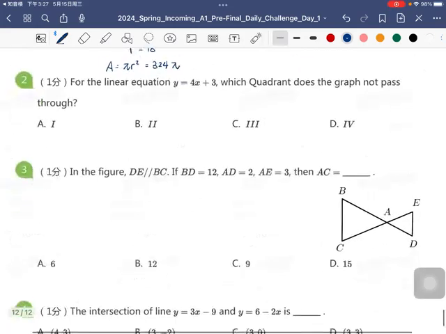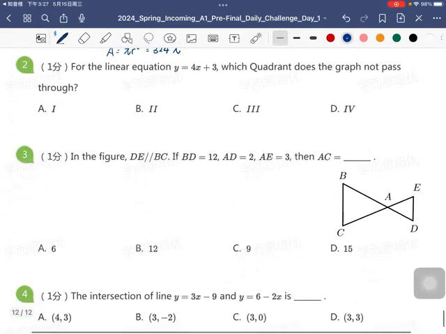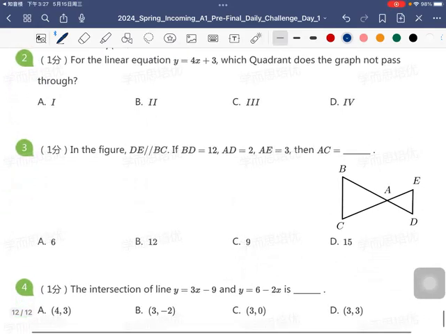Alright, second problem here. From the linear equation y is equal to 4x plus 3, which quadrant does the graph not pass through? Because it involves a graph, let's draw a very simple draft here. Approximately where should my line be? This is 4x, so it's going up.